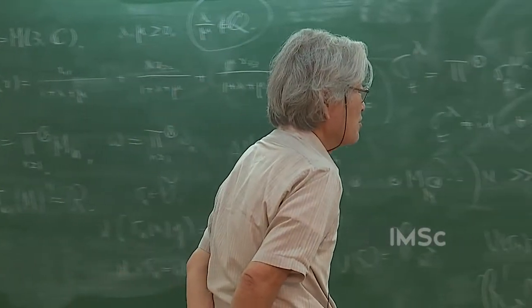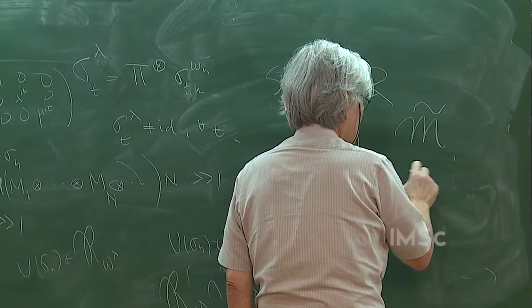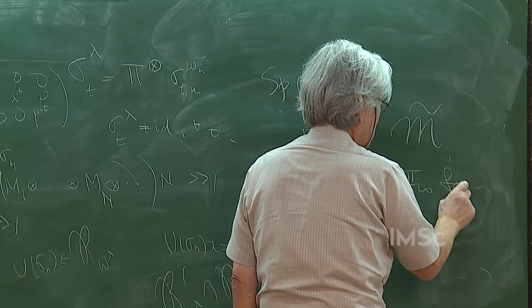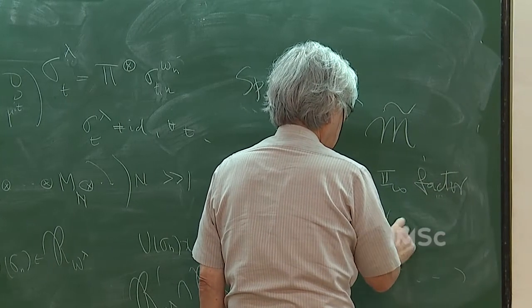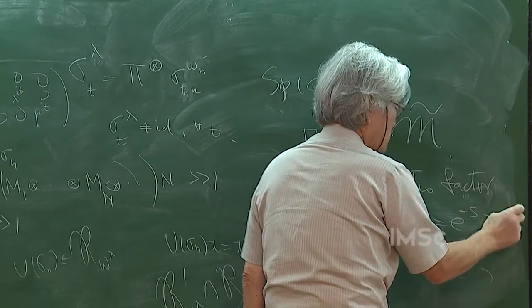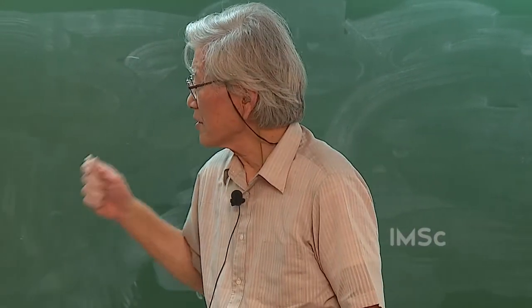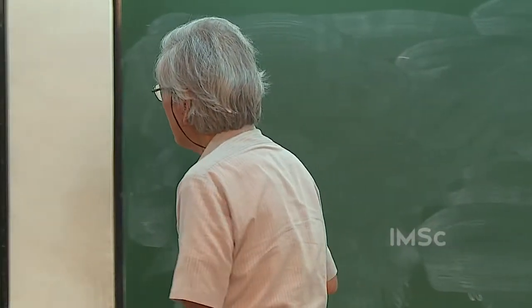And since it is approximated by finite dimensional algebras, it is called the approximately finite dimensional factor of type III_1. And so consequently, M tilde is a type II infinity factor, with theta_S trace scaled by e^{-S}. And this is the AFD factor of type III_1.